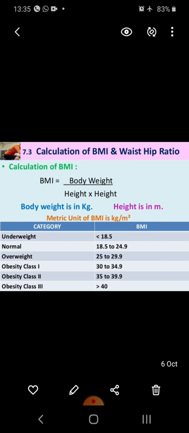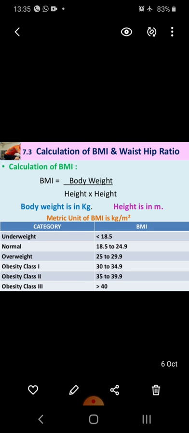Now we will discuss how to calculate BMI and waist hip ratio. First we will discuss BMI. To calculate BMI, the formula is body weight divided by height into height, or height squared, with body weight in kgs and height in meters.